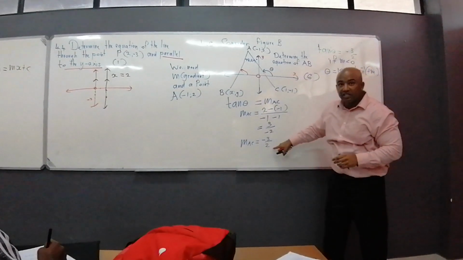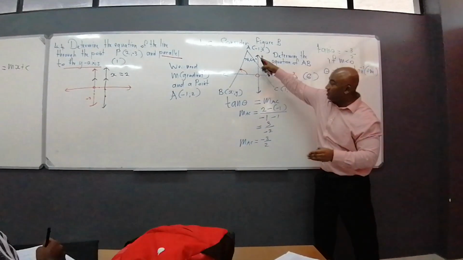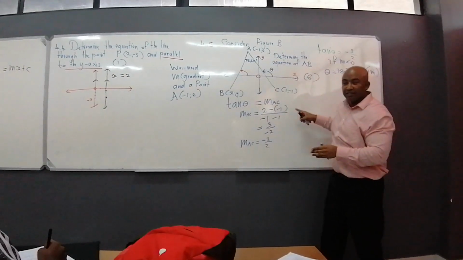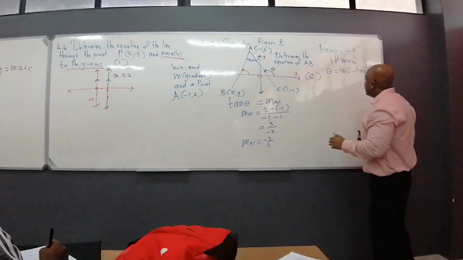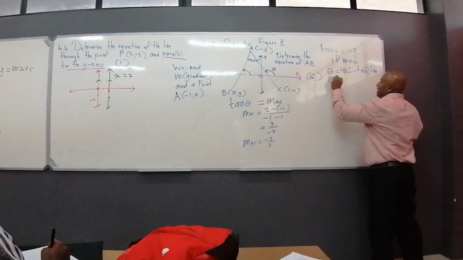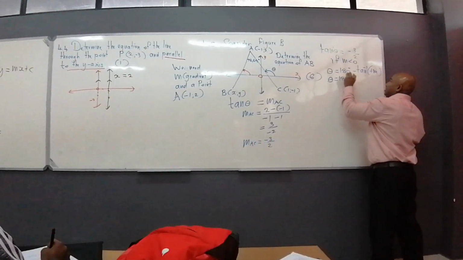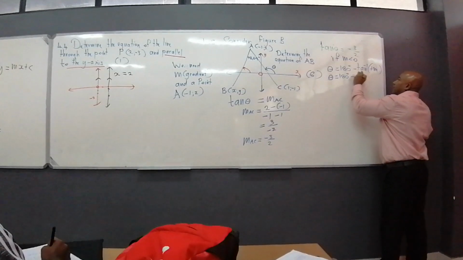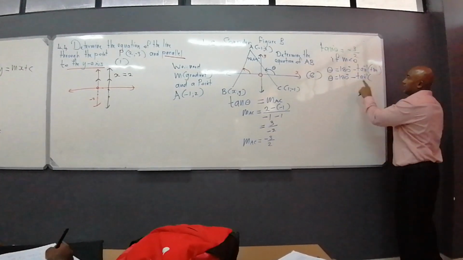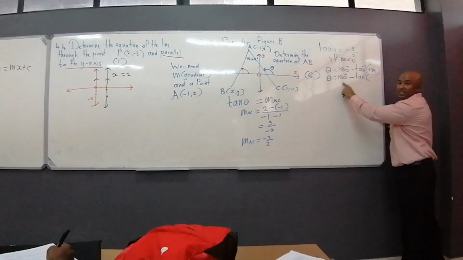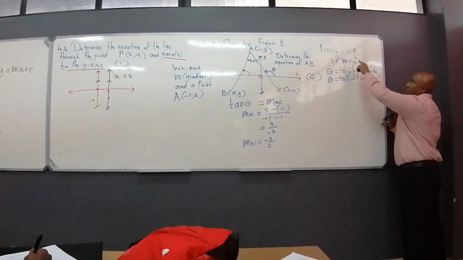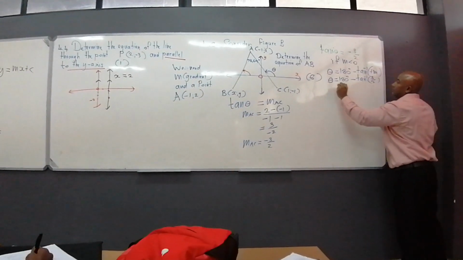If you got a positive answer, you know you made a mistake because look at the straight line. It's decreasing. It must have a negative gradient. So theta is equal to 180 minus inverse tan, and we ignore the negative sign because I used 180 minus. So that will be 3 over 2.